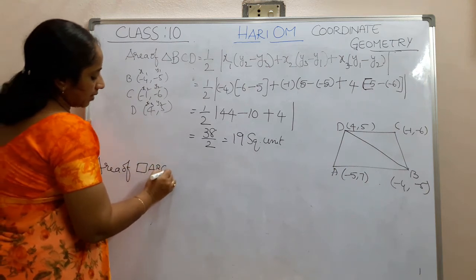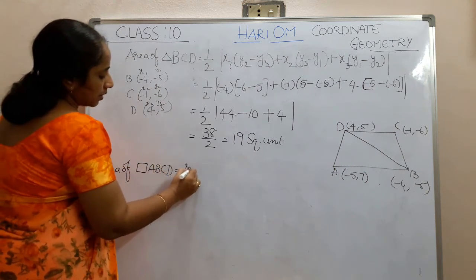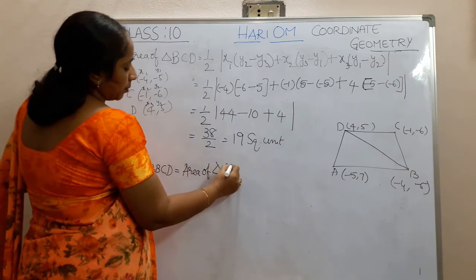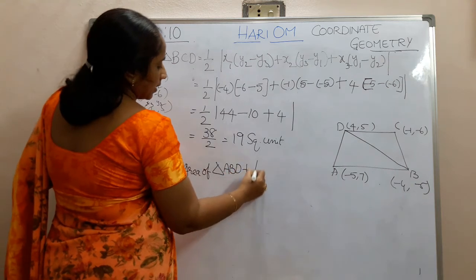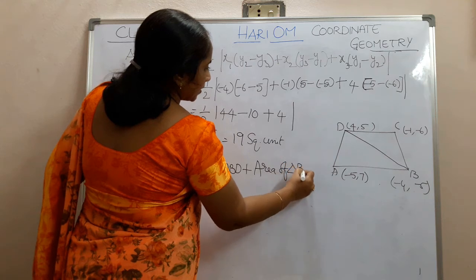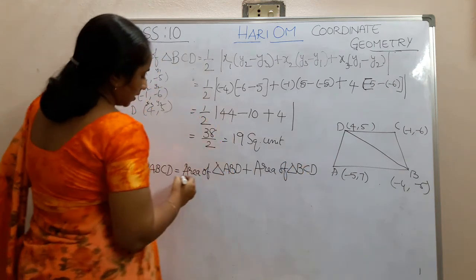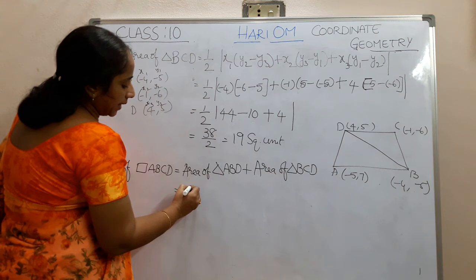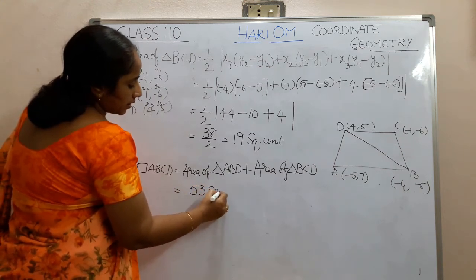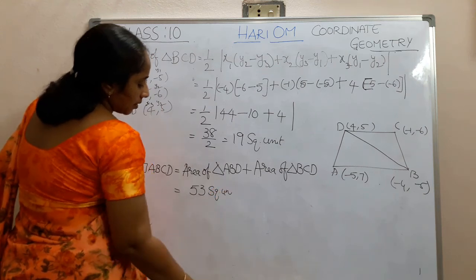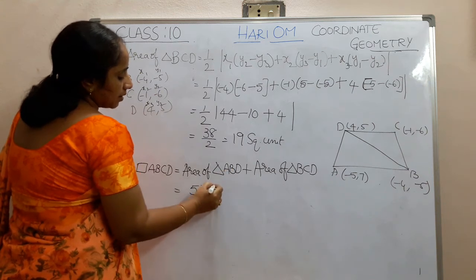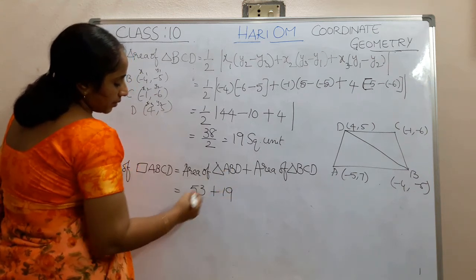Now, area of quadrilateral ABCD is equal to area of ABD plus area of BCD. Area of ABD is 53 square units and area of BCD is 19 square units.